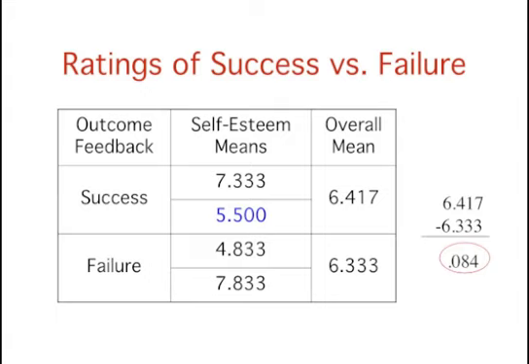Therefore, the mean of all the subjects in the success condition is (7.333 + 5.500) / 2, which equals 6.417. Similarly, the mean for all subjects in the failure condition is 6.333. The difference between these two means is 0.084. The question is, how do we do a significance test for this difference?